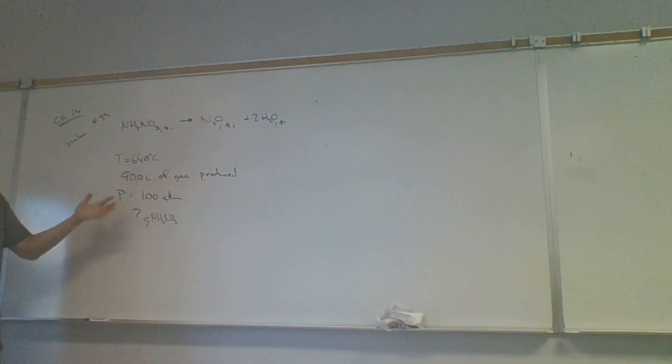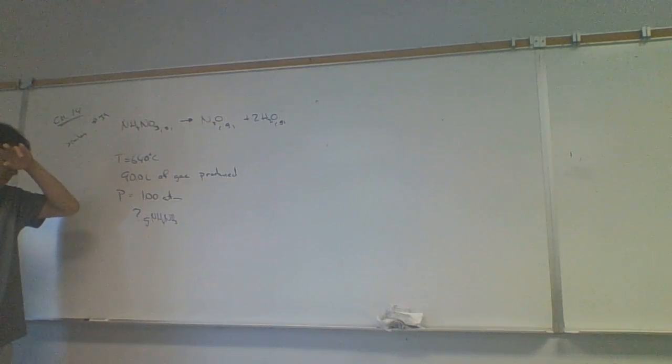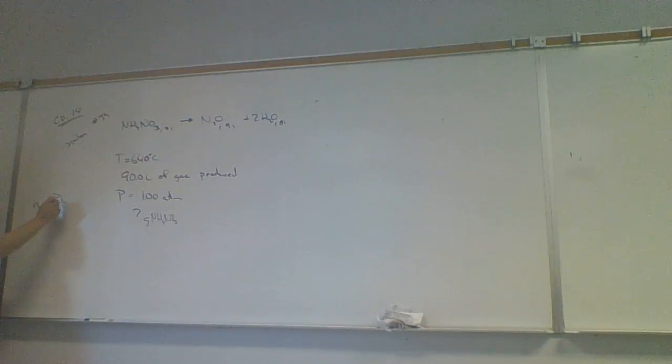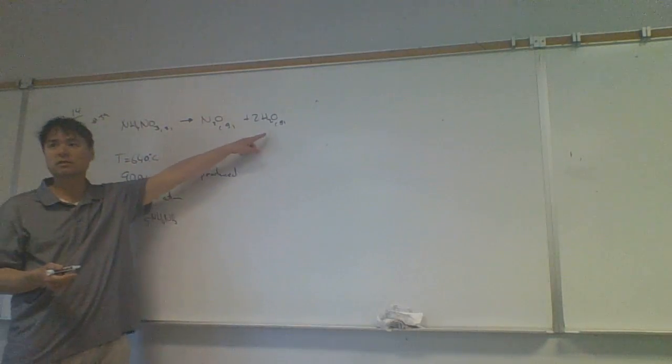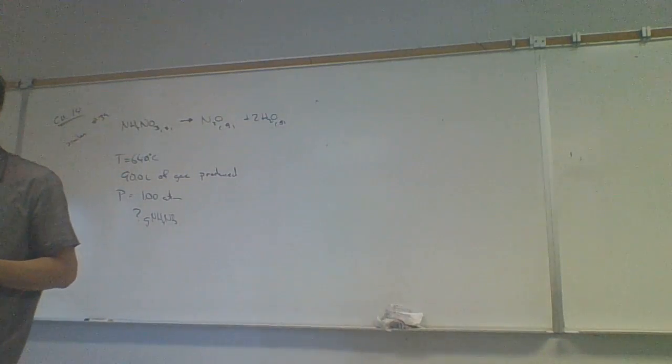The moles of gas doesn't depend on the identity. The moles of gas just depends on the pressure, the volume, R, and T. So if we know the pressure, volume, and temperature, then we can get the moles of gas regardless of the identity. Because does the ideal gas law ask you if the gas is nitrous oxide or steam? No. And so that would be the easiest way to do it.